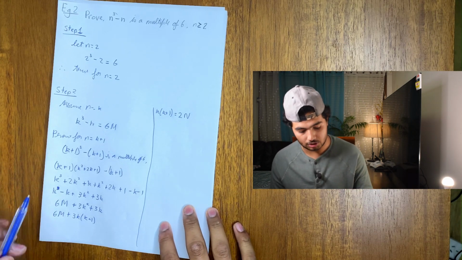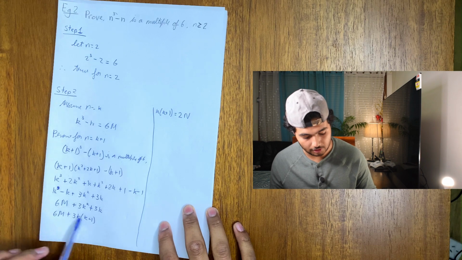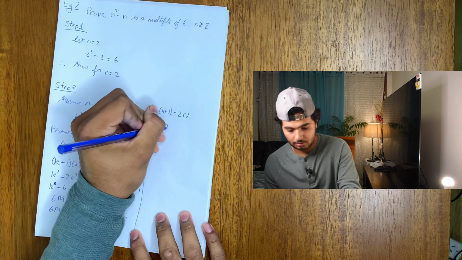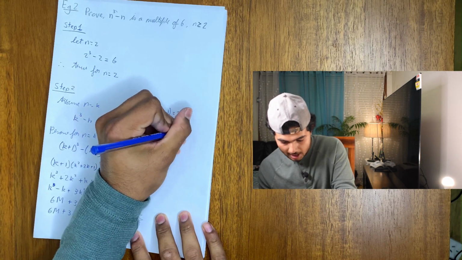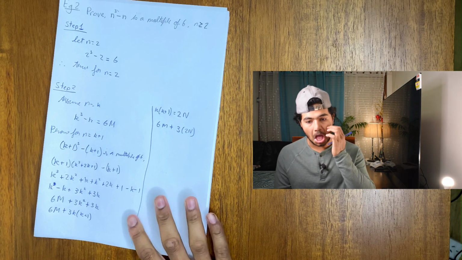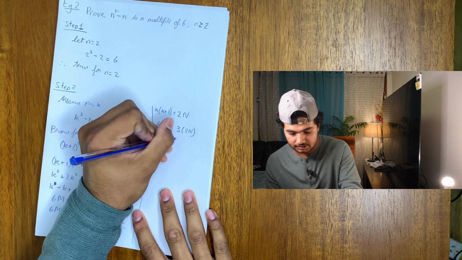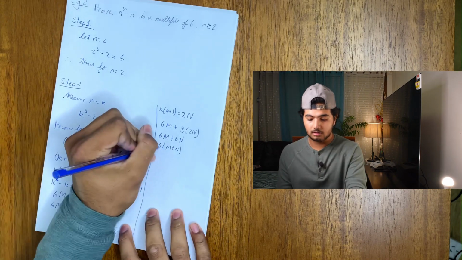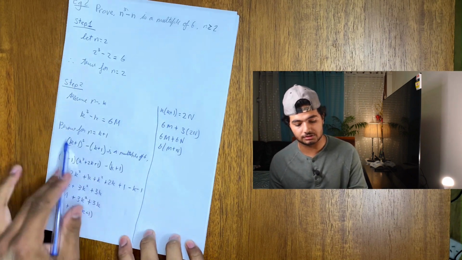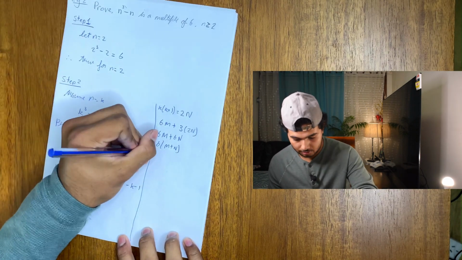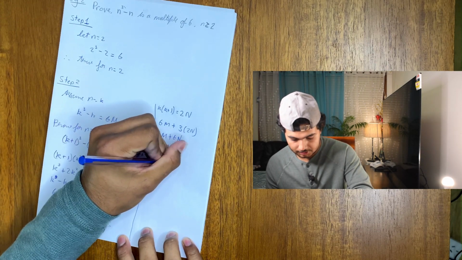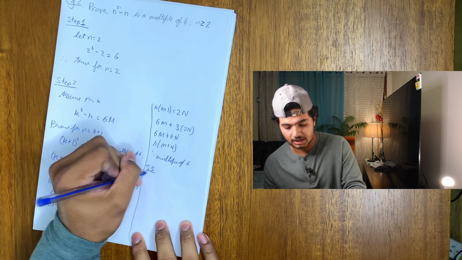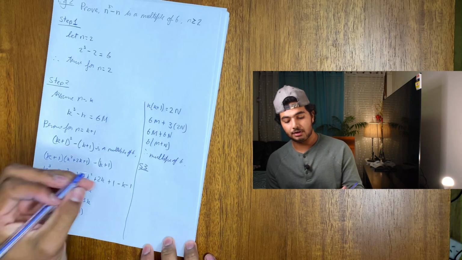Let's come back to this value. So we then have 6m plus 3 brackets 2n, which is 6m plus 6n, or 6 brackets m plus n. Again, 6 is a multiple of this. Therefore, a multiple of 6.